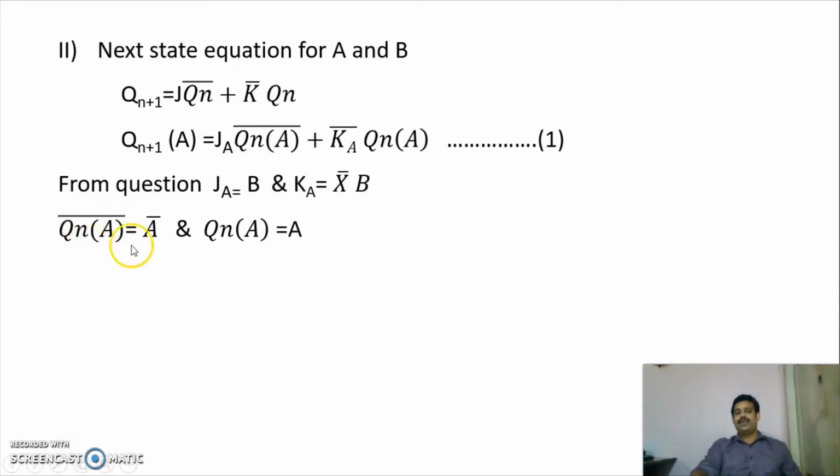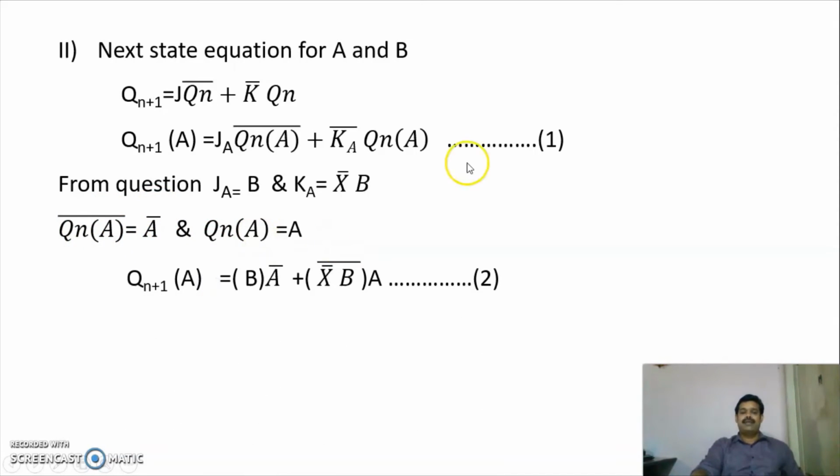You know that Qn of A bar is A bar, and Qn of A is A. In the place of JA, you are putting B, and in the place of Qn A bar, you are putting A bar. In the place of KA, you are putting X bar B, and in the place of Qn of A, A. So we have got equation 2, by substituting the values of JA and KA.